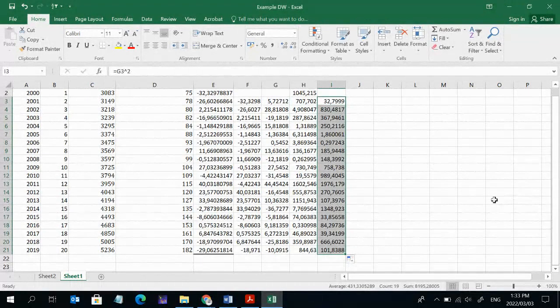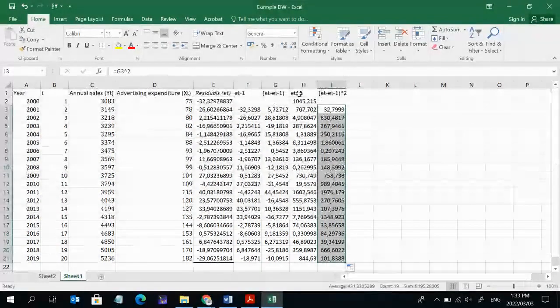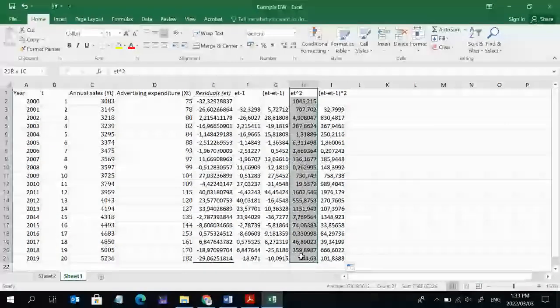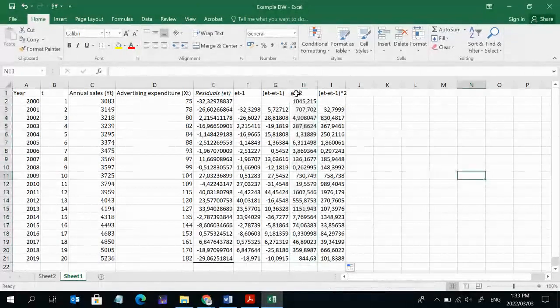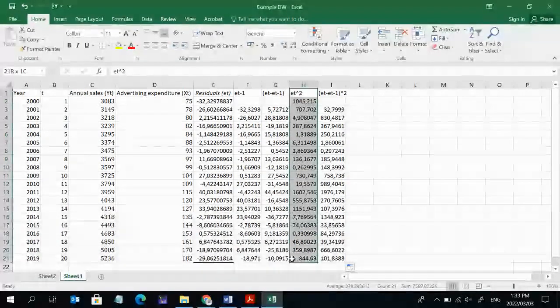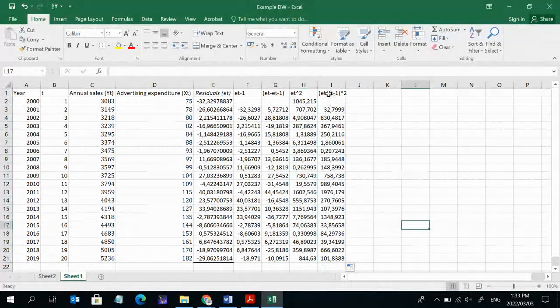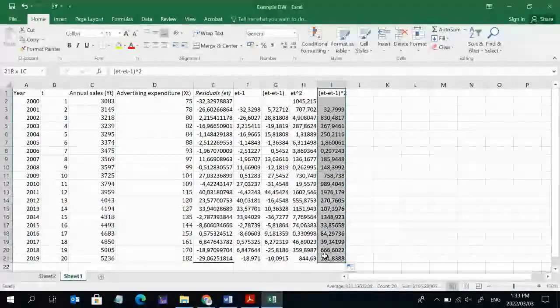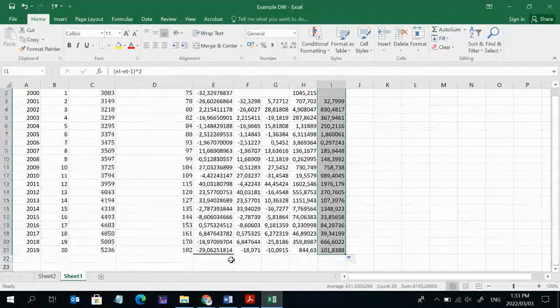Thank you. So now we need the totals. Remember, we have ET squared here. We need the total here because in the denominator, we need the sum of ET squared. Even in the numerator, we need the sum of ET minus 1 squared. So we need these sums here.